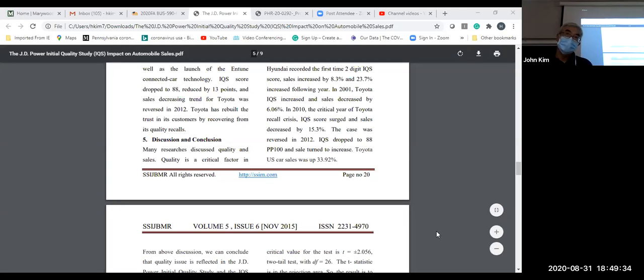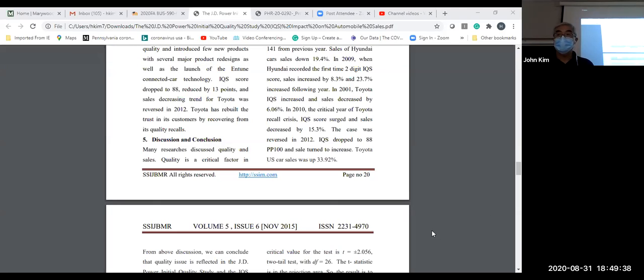Usually, if we use collected data from, like, a survey, maybe historical data from the internet or from somewhere, then the research is empirical.